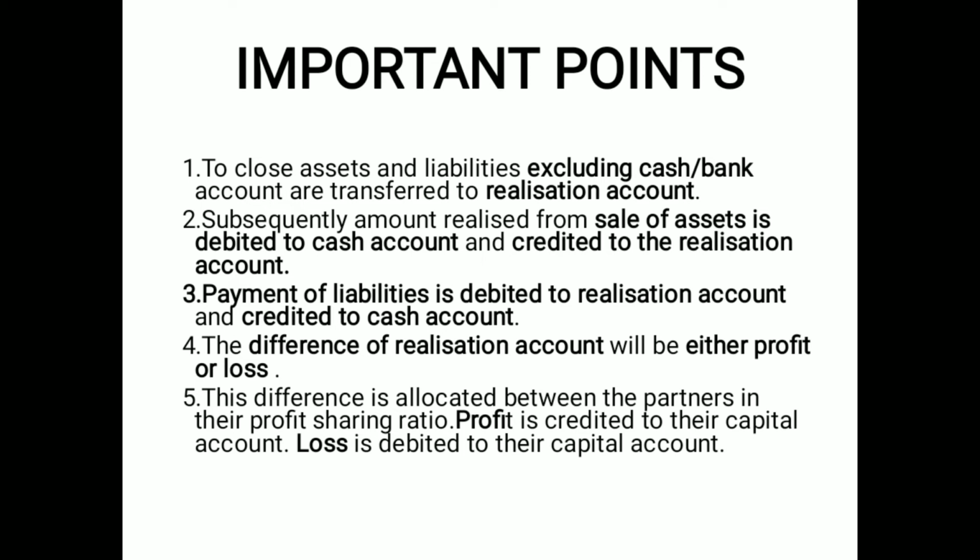Thereafter, the second point is that you will sell these assets and the amount that is realized is debited to cash account and credited to realization account. So the assets have been sold now, so the amount that has been realized will be utilized for the payment of liabilities. So payment of liabilities is debited to realization account and credited to cash account.